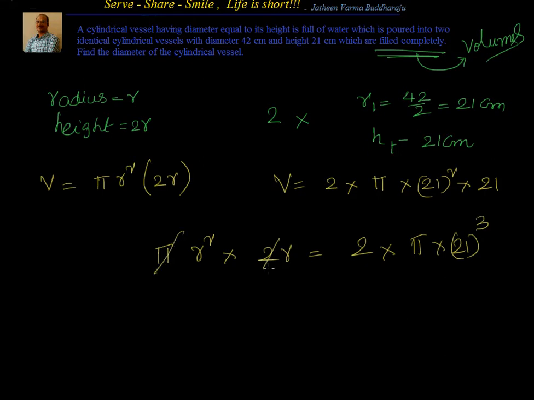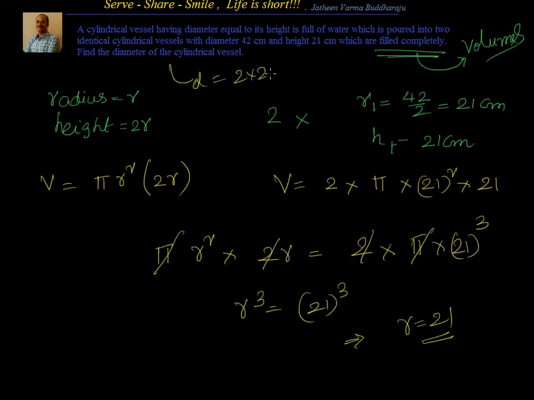I can cancel 2 pi, 2 pi. I have R cube equal to 21 whole cube, which gives R equal to 21, so the diameter D is equal to 2 into 21, that's equal to 42 centimeter. So the diameter is equal to 42 centimeter.